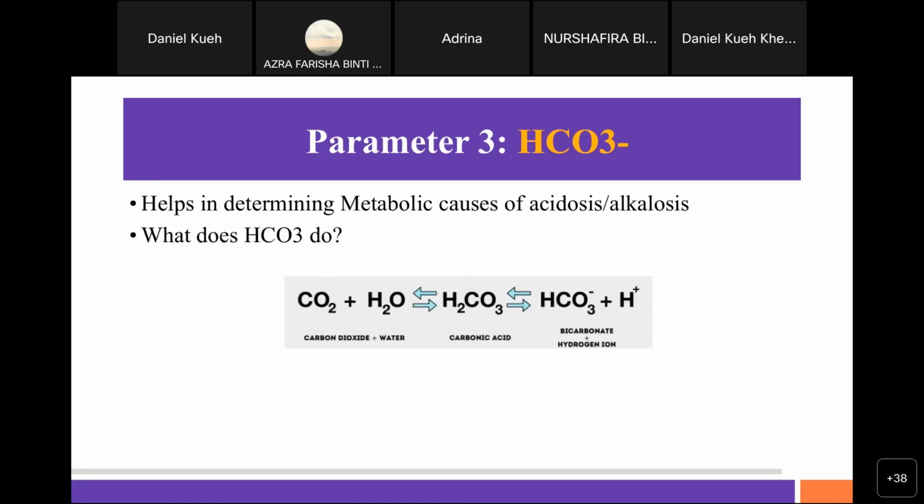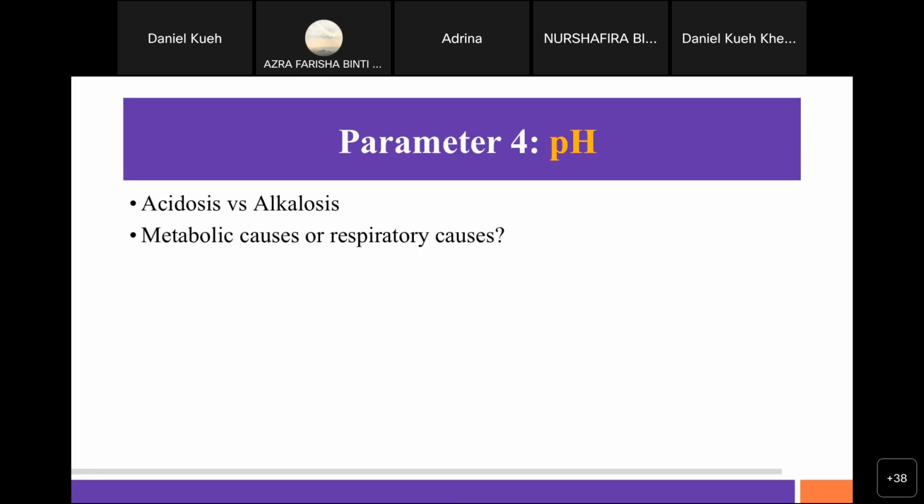Bicarbonate ion is the metabolic cause of acidosis or alkalosis. Because it acts like a buffer, if there is high hydrogen ion, it bonds with the hydrogen ion, which reduces the free hydrogen ion. Even in chemistry, free hydrogen ion is the reason for changes in pH.